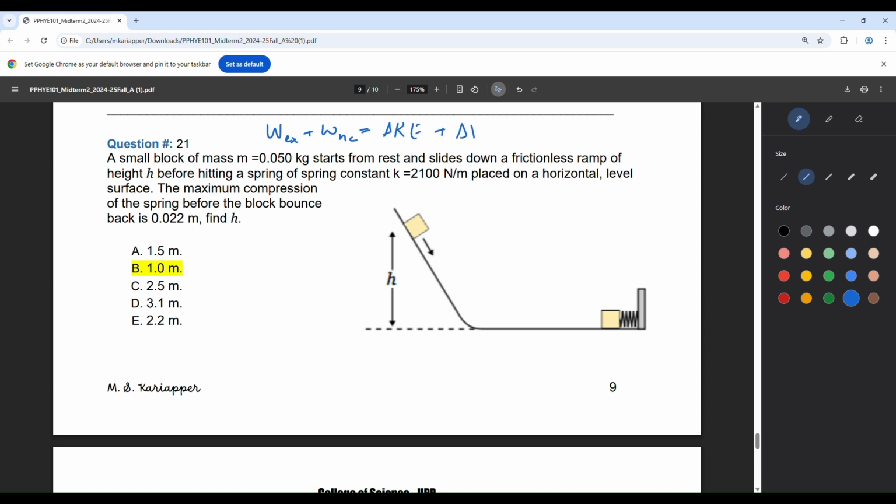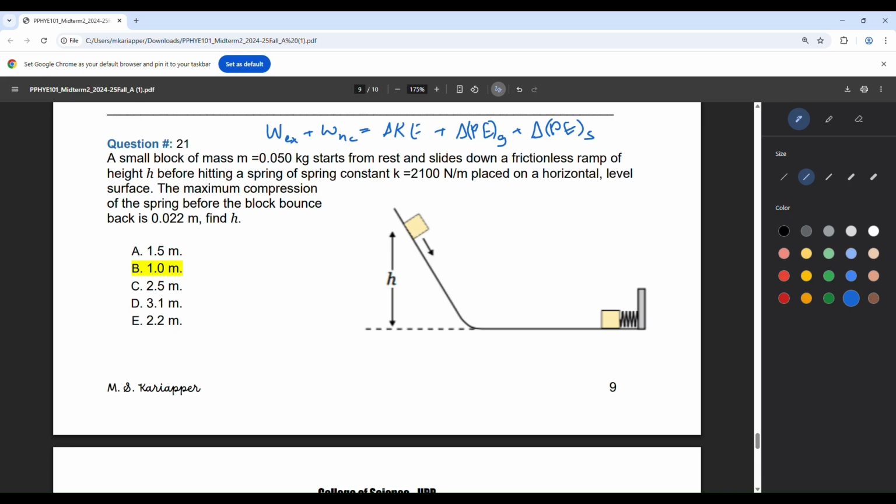In fact, this potential energy has two forms, right? Two different potential energy changes: the change in gravitational potential energy and the change in elastic potential energy, or the spring. So we have a spring here.